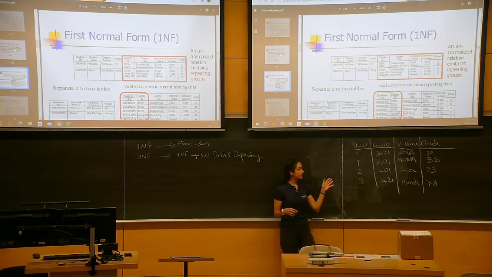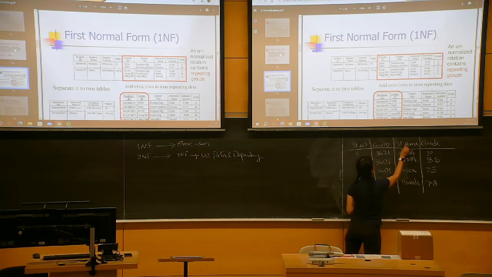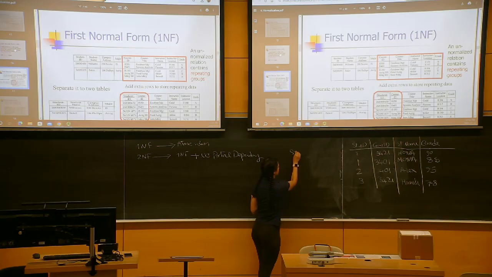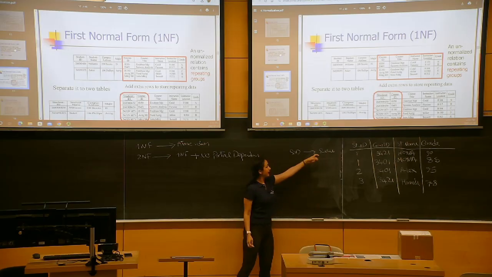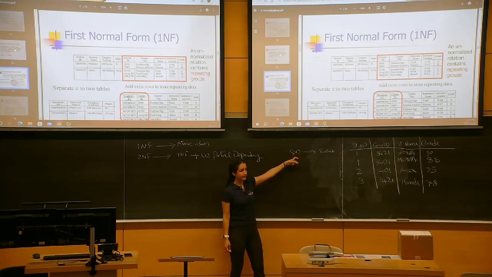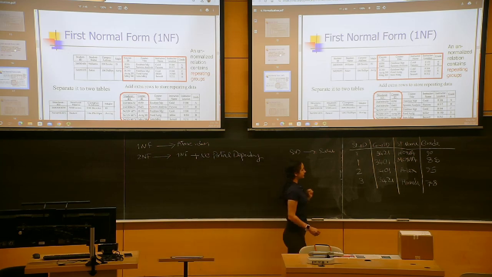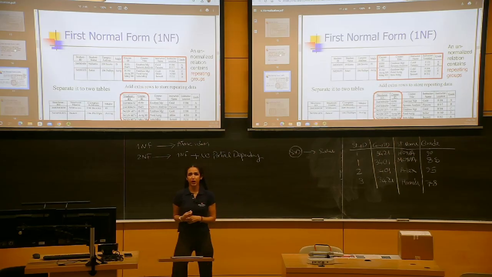So in this case, we say a student ID can uniquely identify a student name, or a student name is dependent on a student ID, and a student ID is not your whole primary key, it's part of your primary key.